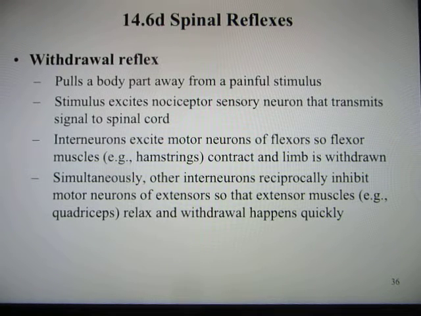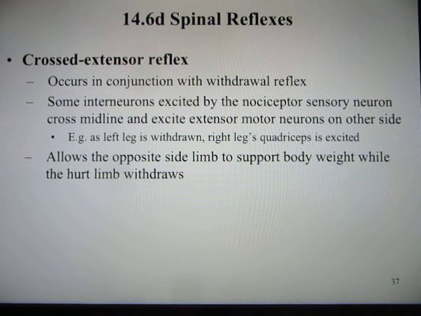And the next one is called the withdrawal reflex. That's when your body touches something painful, you quickly move your body part back. That's the withdrawal reflex. And usually this comes with the cross extensor reflex. Why?